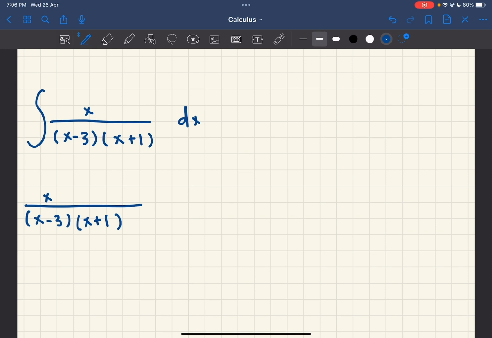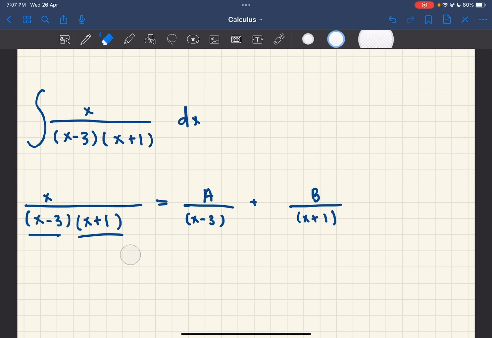We write A over here and B over here. For the denominator, we write the first bracket for the denominator of A, which is x minus 3, and the second bracket for the denominator of B, which is x plus 1.